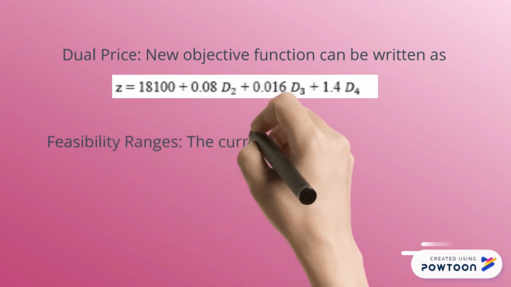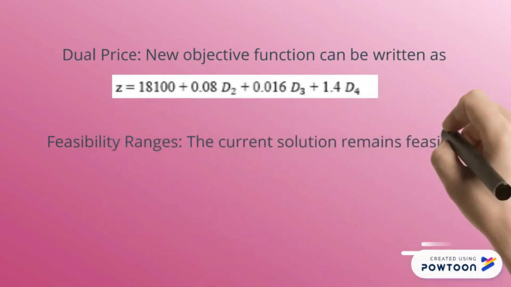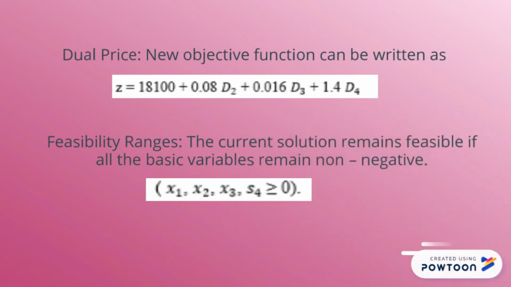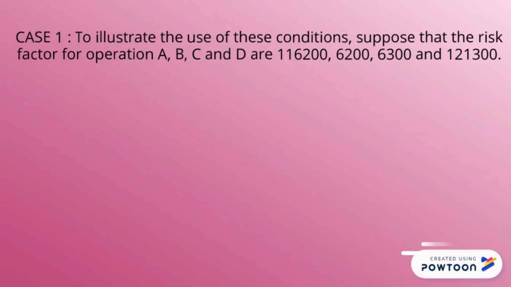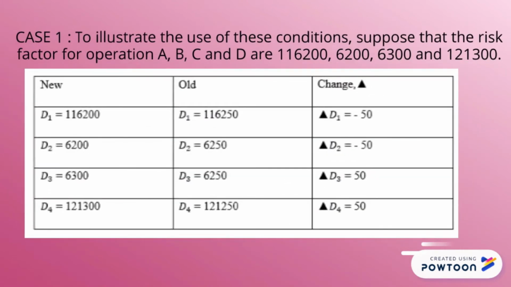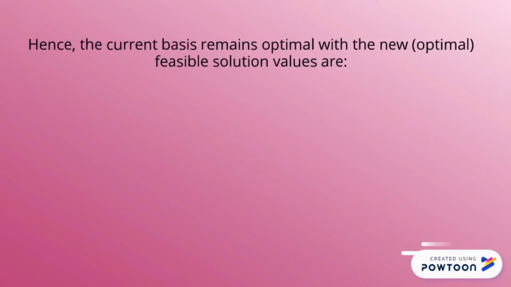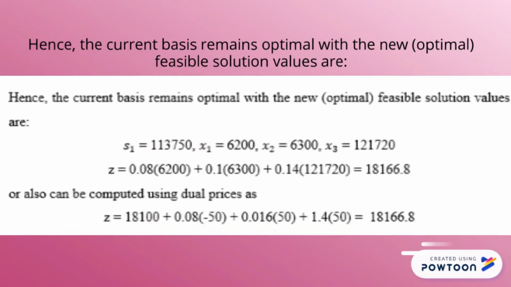Dual price. New objective function can be written as feasibility range. The current solution remains feasible if all the basis variables remain non-negative. Case 1. Substituting in the feasible condition, we get hence the current basis remain optimal with the new optimal feasible solution value are.